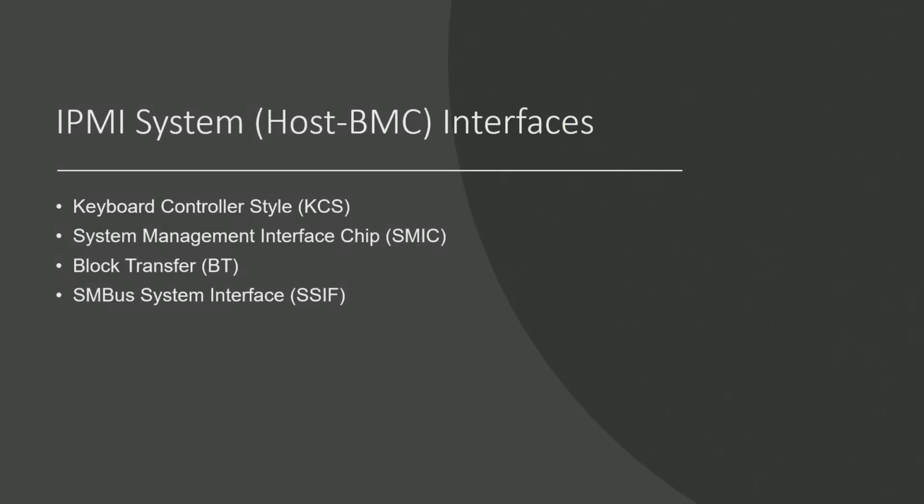In all of my travels, I've only seen KCS and SSIF used. I'm not going to get into the details of KCS; you can read the spec if you really are curious. But the main takeaway is that KCS is going to use the LPC bus or eSPI bus to expose a very simple sort of byte-by-byte serial interface to the BMC. SSIF is very similar, but it uses the I2C bus instead.